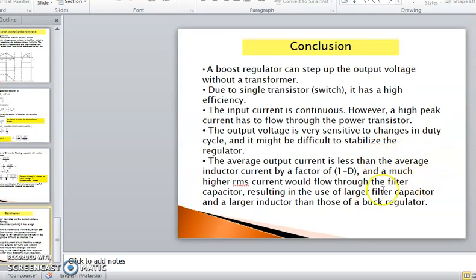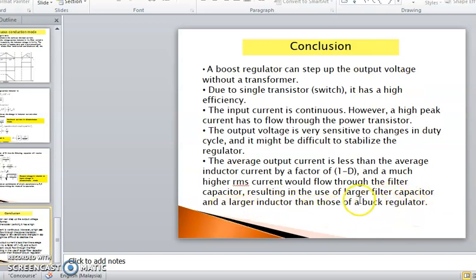The output average current is less than the average inductor current by a factor of 1 minus D. And a much higher RMS current would flow through the filter capacitor, resulting in the use of a larger filter capacitor and larger inductor than those in a buck regulator.